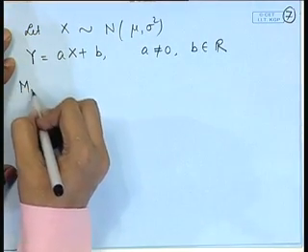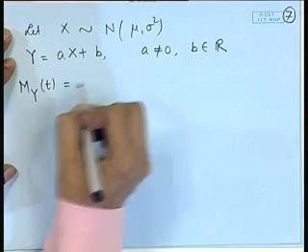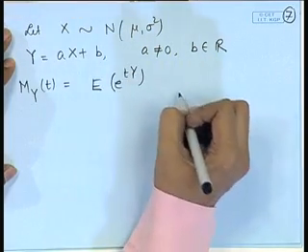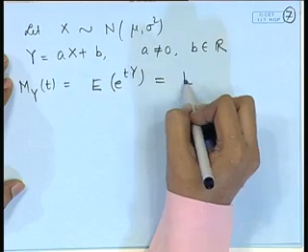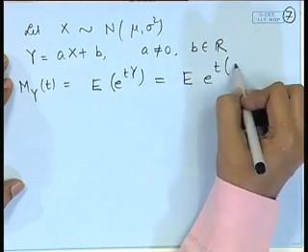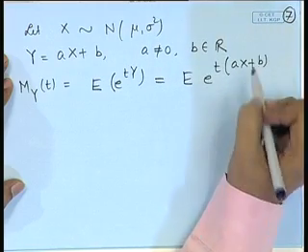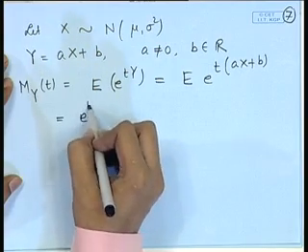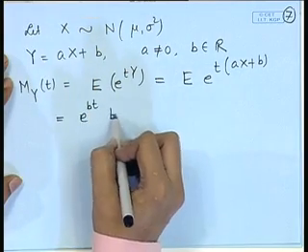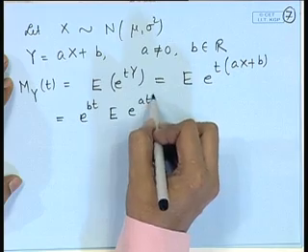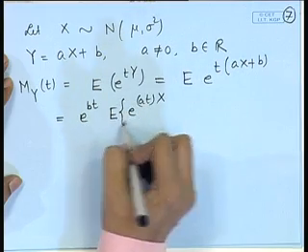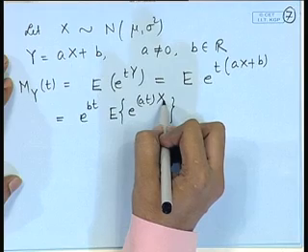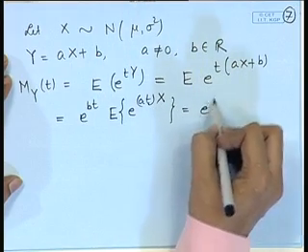Consider the moment generating function of Y, that is expectation of e to the power tY. This is equal to e to the power bt times expectation of e to the power atX. This can be considered as the moment generating function of the random variable X at the point at.